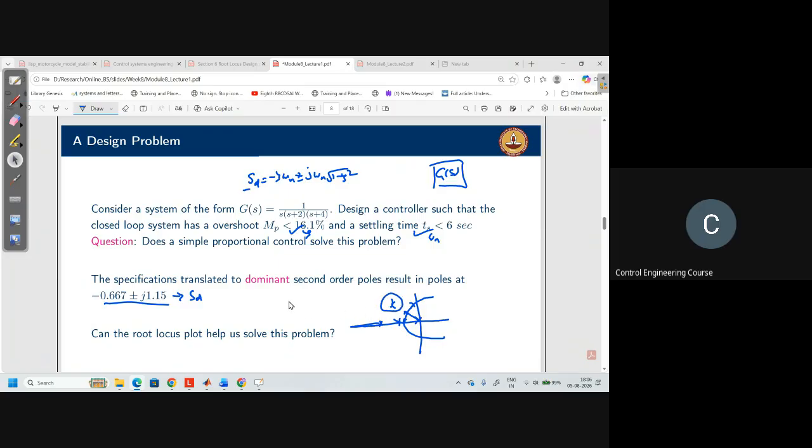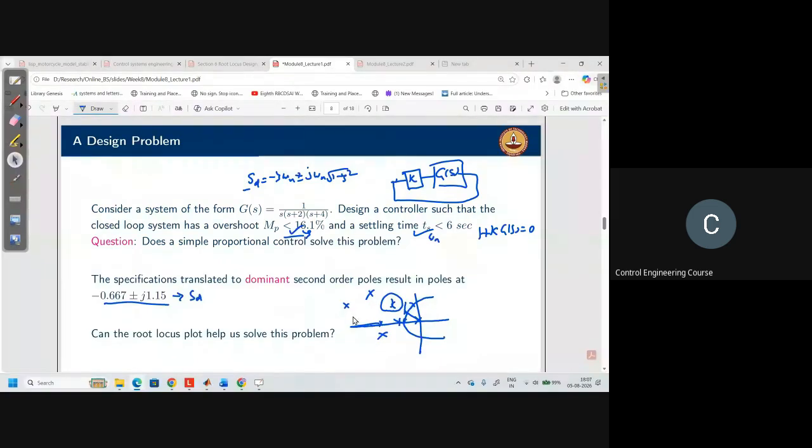The total closed loop system has the desired pole location. This is the K, right? Once you close the loop, that means 1 plus K into G of s equal to 0 satisfies this desired pole location, right? This is much simpler compared to any other. Suppose the given specification does not lie on the root locus, but somewhere else, then in that case what should we do?